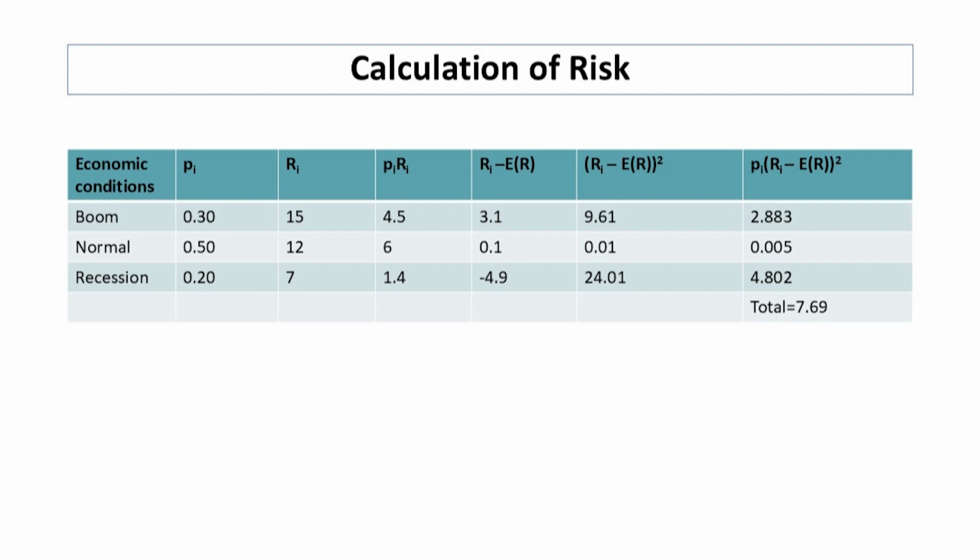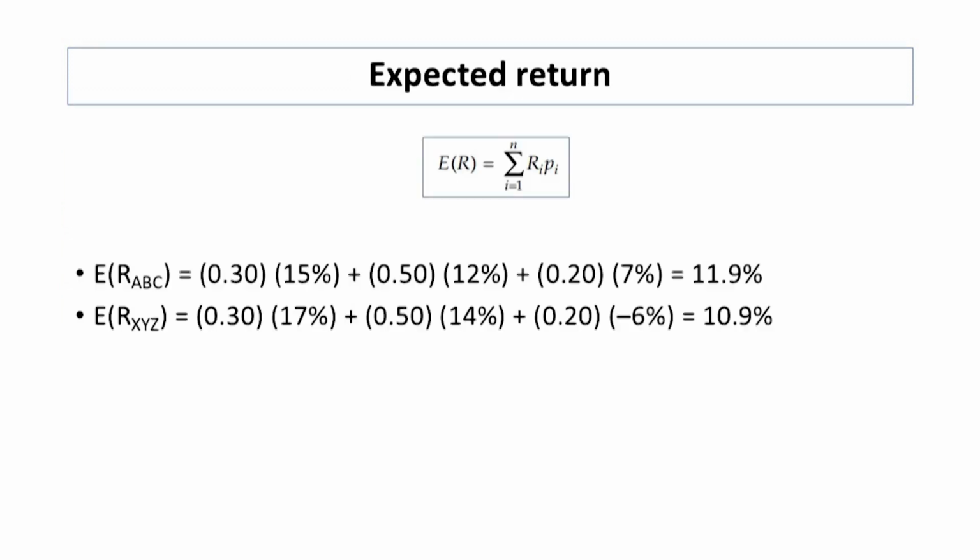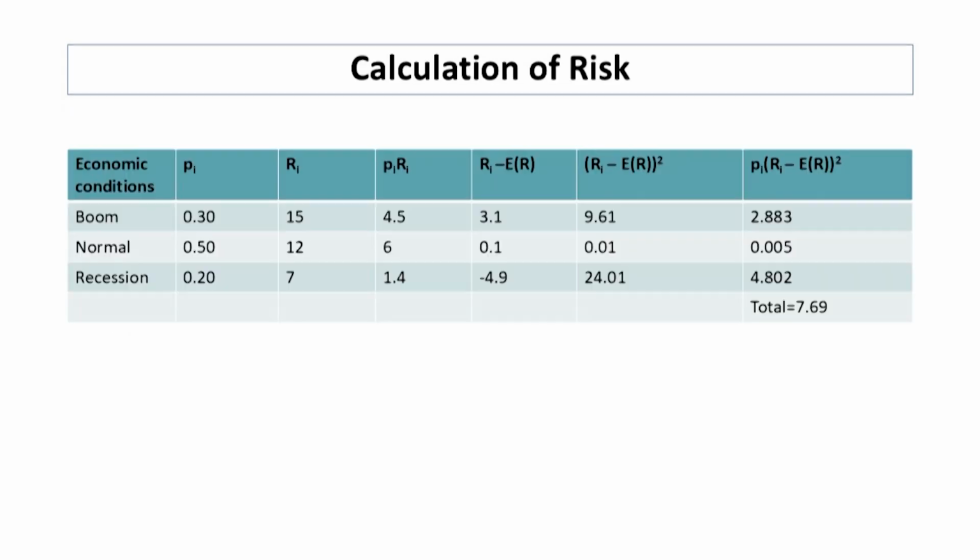Now consider Ri minus expected return. The expected return of ABC is 11.9%. Deducting 11.9% from 15, 12 and 7, we get 3.1, 0.1 and minus 4.9. Now square these: we get 9.61, 0.01 and 24.01. Now multiply with the value of probability, and the total is 7.69.